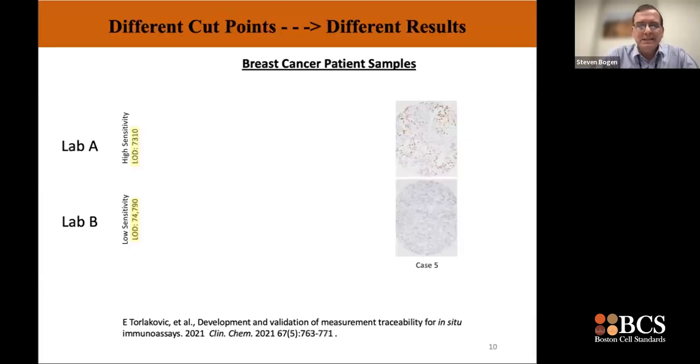In other words, the assay only requires a little more than 7,000 molecules of estrogen receptor to produce a visible stain. Lab B's cut point, or LOD, was 10 times higher at almost 75,000.